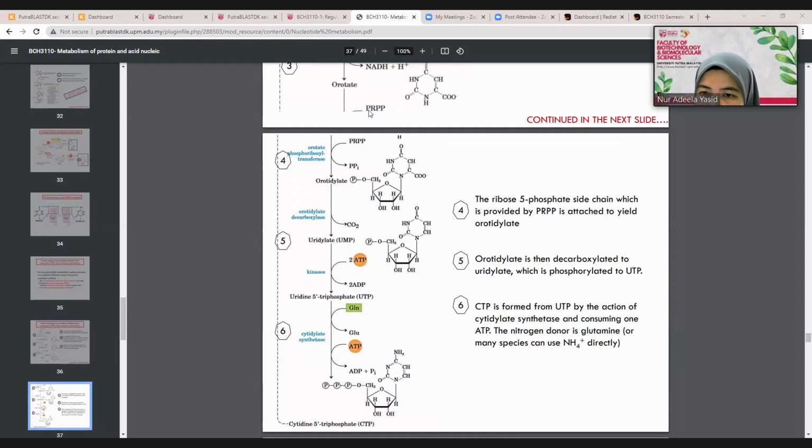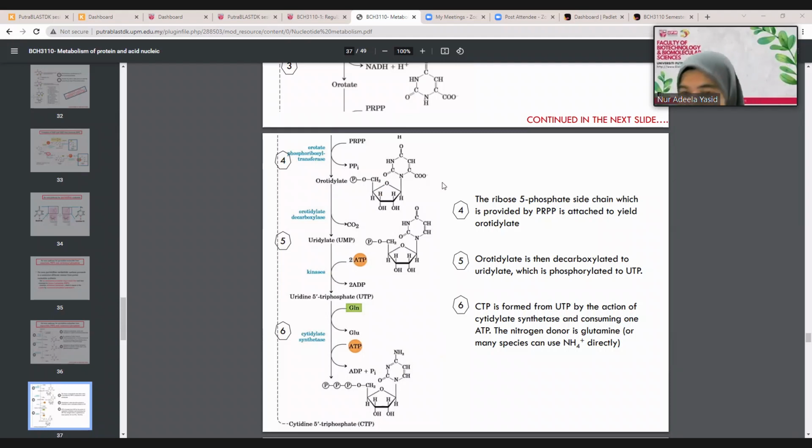Orotate reacts with PRPP, phosphoribosyl pyrophosphate, to form orotidylate, or OMP, orotidine monophosphate.